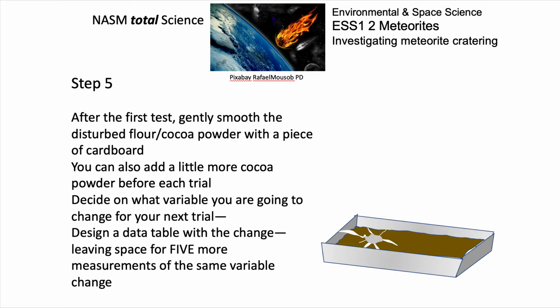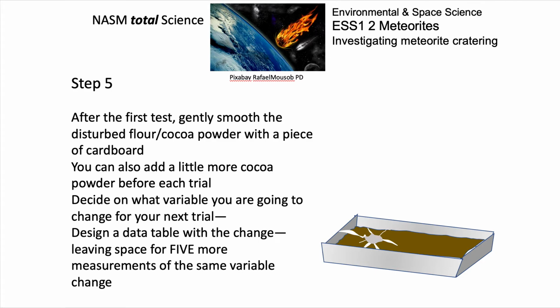And once you've done your first test and you've got your data, you can smooth the surface again with a piece of cardboard, add a tiny bit more cocoa powder if you need to, and then decide what you are going to change. And you're going to take 5 different measurements using that same change.